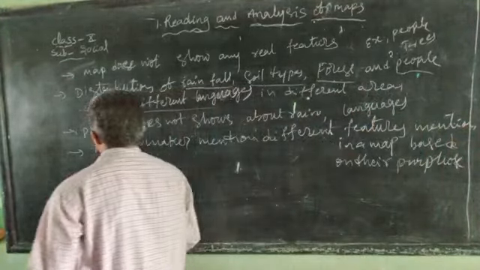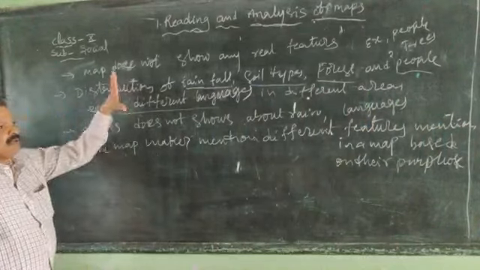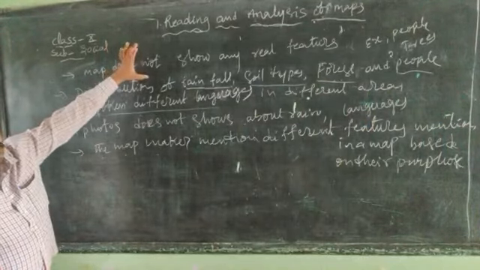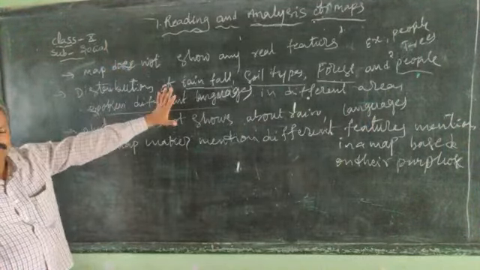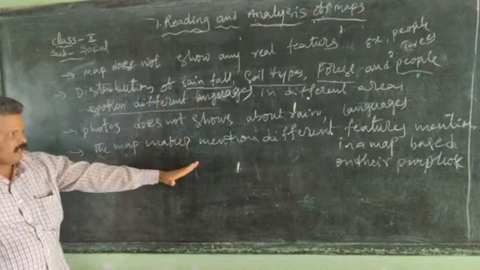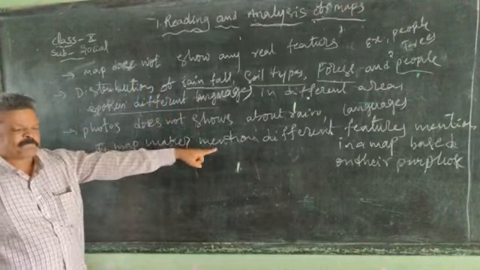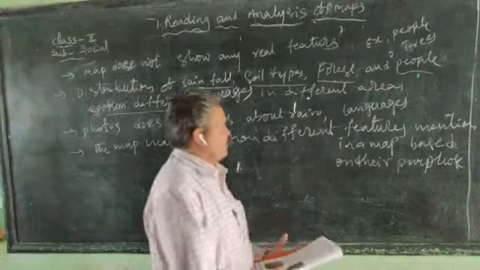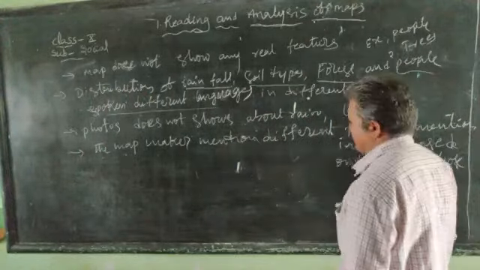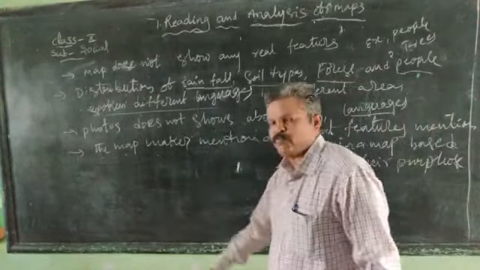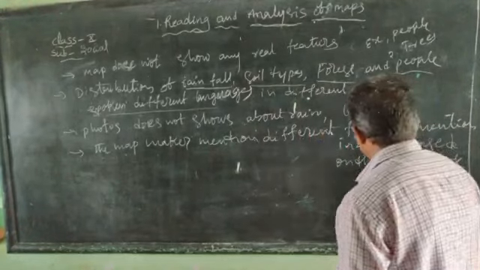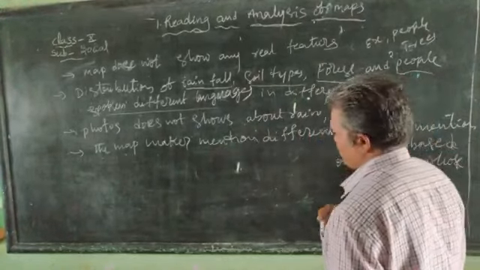So this is the difference between a map and a photo. A photo does not show any features about languages, about the distribution of rainfall, or about the different languages spoken by people.